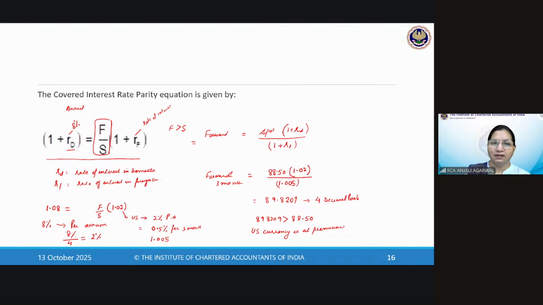Another important concept: when you calculate the inverse quotes, always be careful about one very important thing.